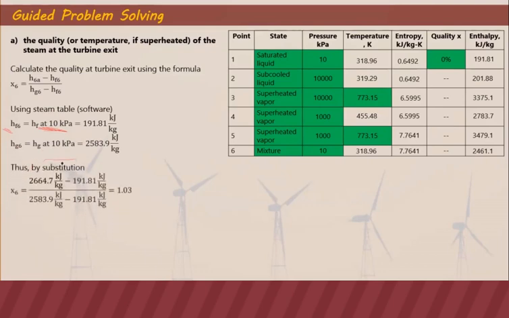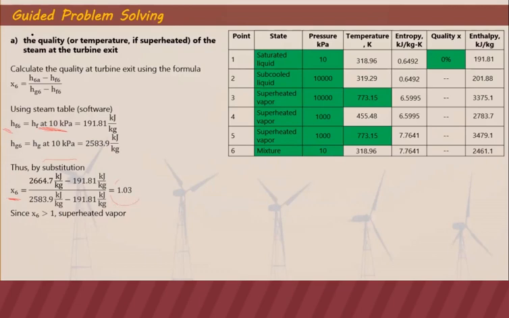By substituting these values, as well as the H6A that we computed previously, we get the value of X6 as 1.03. Since our X6 is greater than 1, it is a superheated vapor. Because if it is equal to 1, then it's a saturated vapor, and greater than 1, it's a superheated vapor.